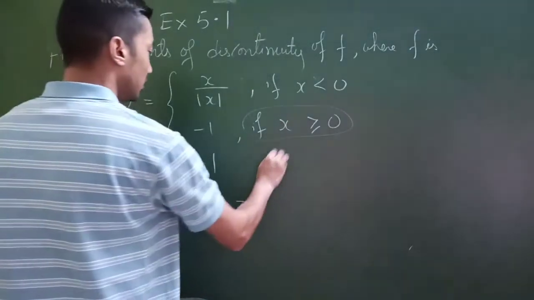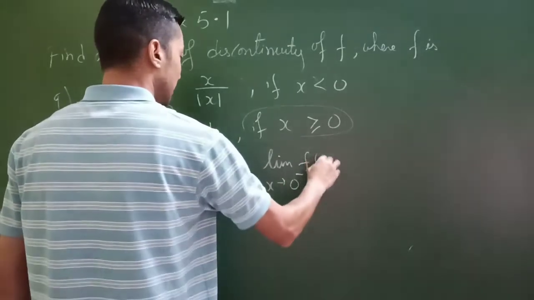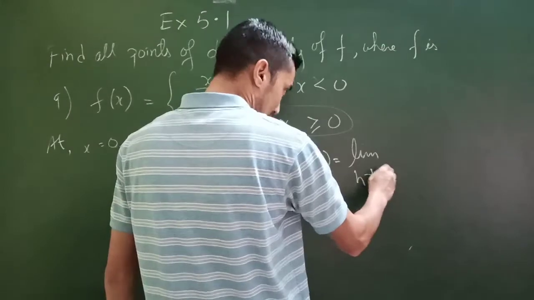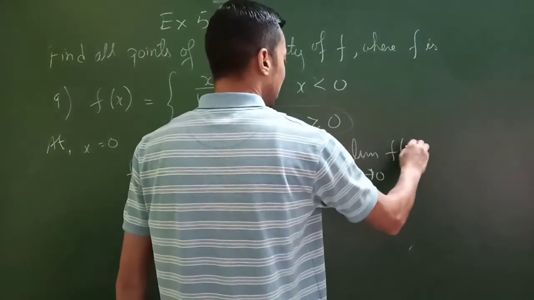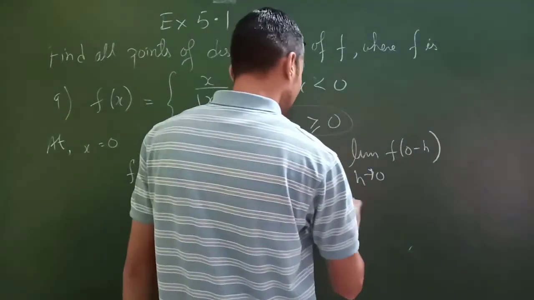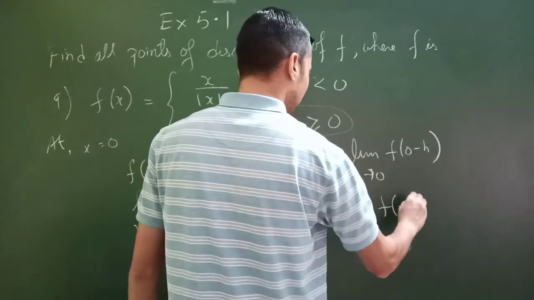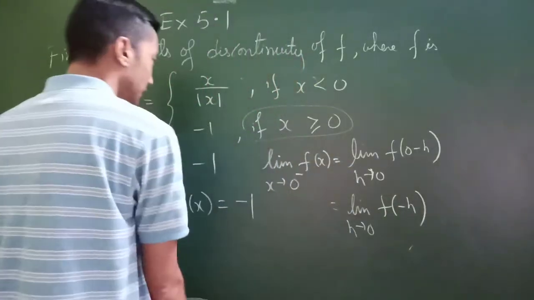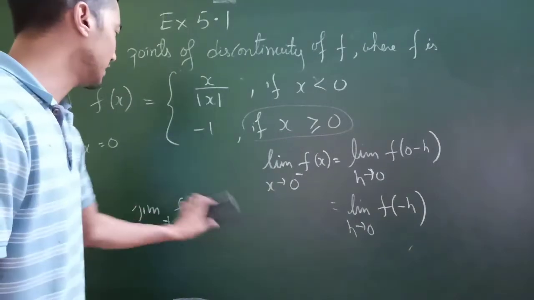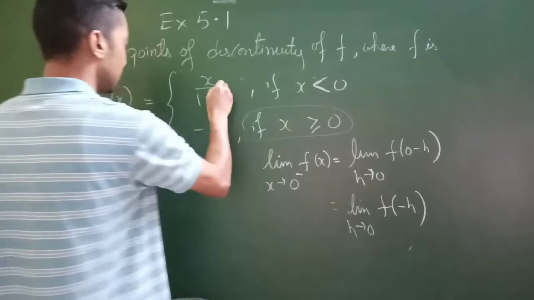So we have just one option left: what about as it approaches 0 from the left-hand side, that is slightly less than 0, that is 0 minus h. So that's going to be the limiting value as h tends to 0 of f of minus h. What will our function be here? Slightly less than 0, we use this function.